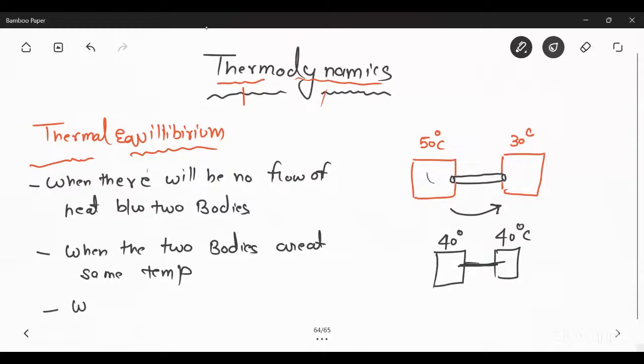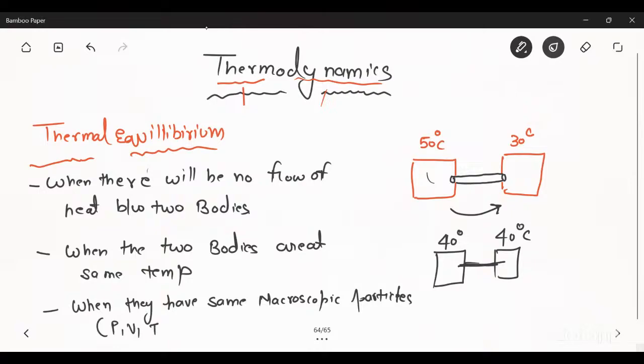So when they have the same macroscopic properties, meaning the same value of pressure, volume, temperature, and number of moles, they are called in thermal equilibrium.